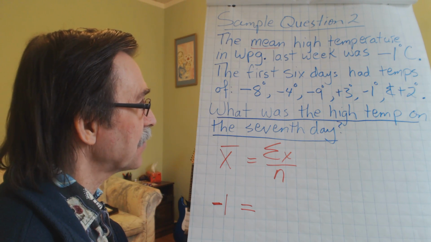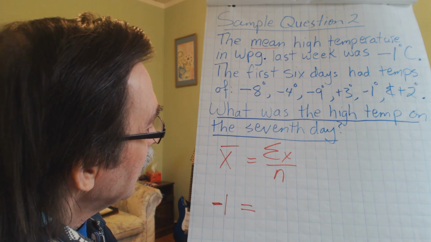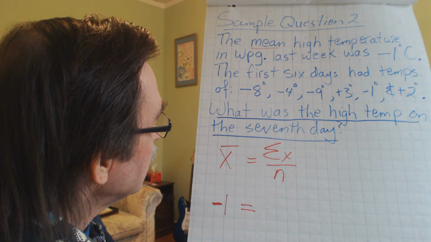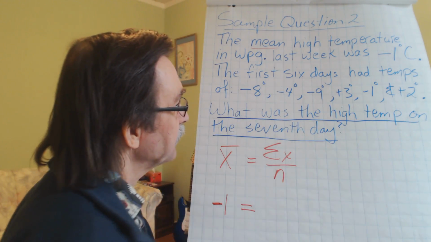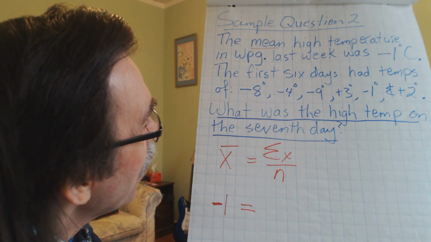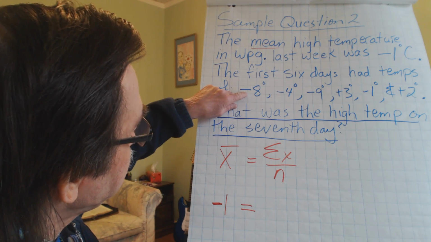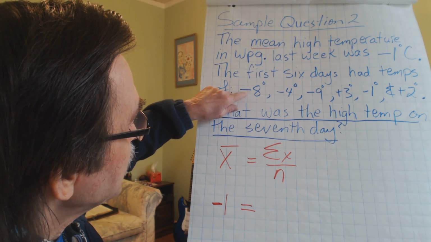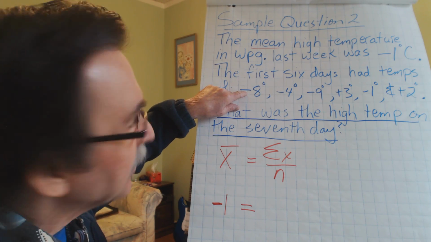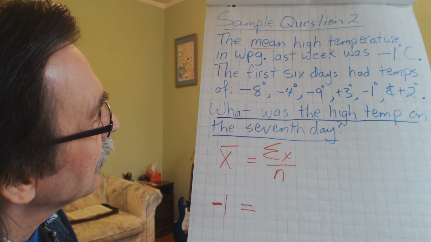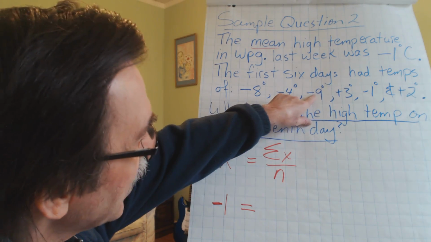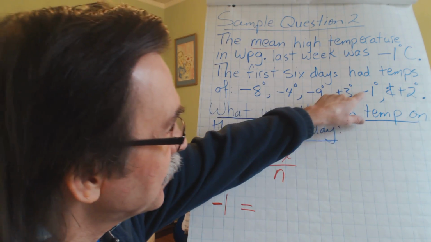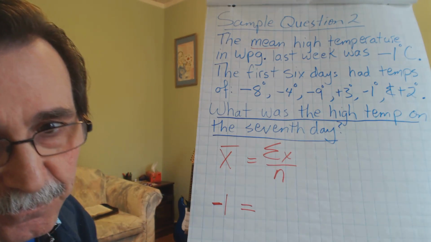Now the sum of all the scores. There we go. We have these 6 scores here. Now, if you want, you can do this. Punch in the number -8, and then subtract 4, subtract 9, add 3, subtract 1, and then add 2.